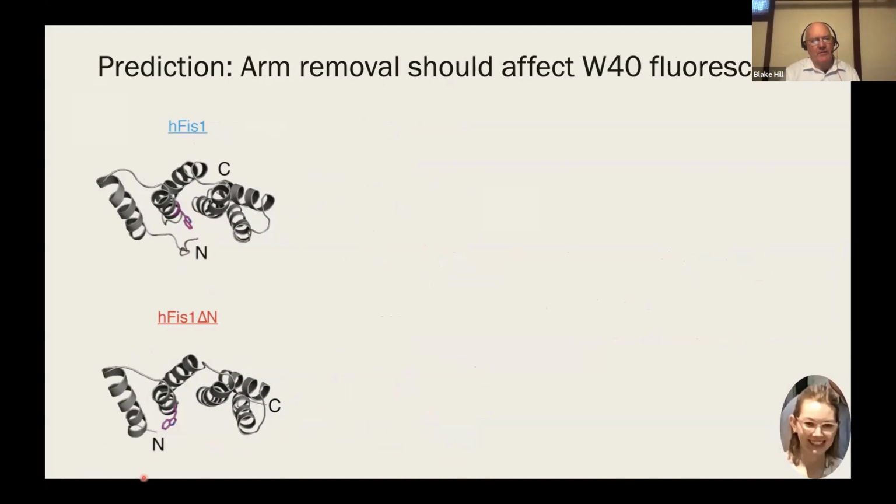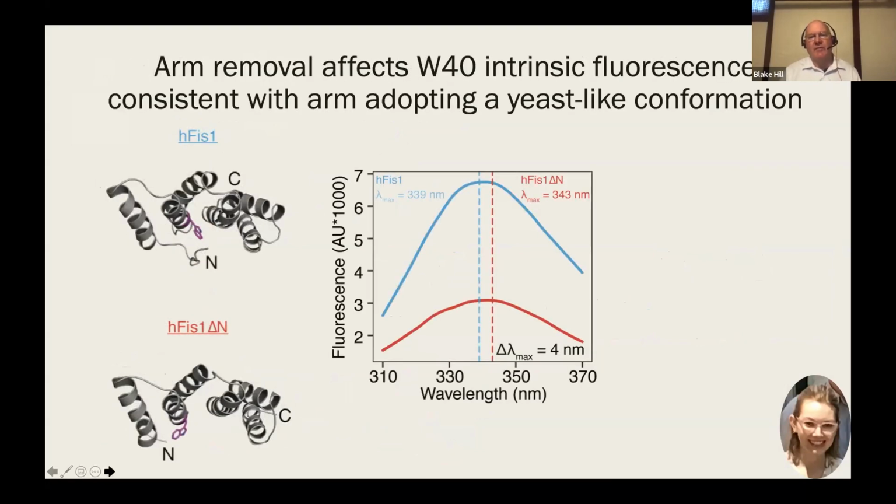And if it's out in solution, there should be no difference upon removal of the arm. So she looked at that by tryptophan fluorescence. In blue, you see the native arm, and in red, you see the delta N. And you see a blue shift and increase in intensity consistent with hydrophobic burial in the presence of the arm. That's strong evidence that the arm is actually in a yeast-like conformation.